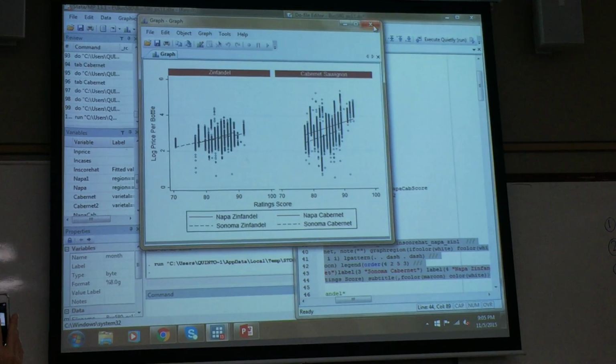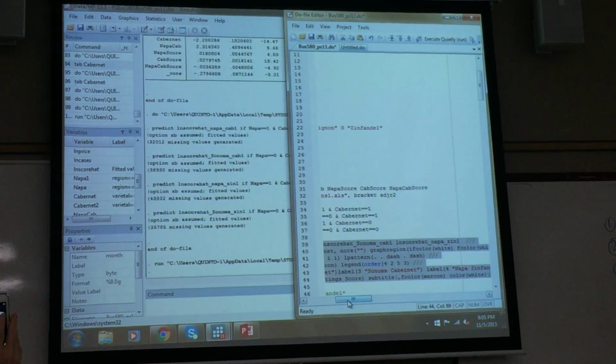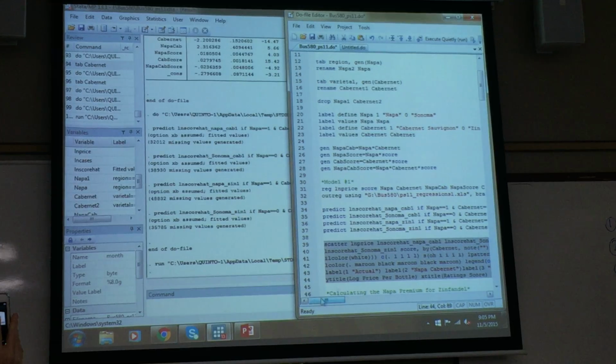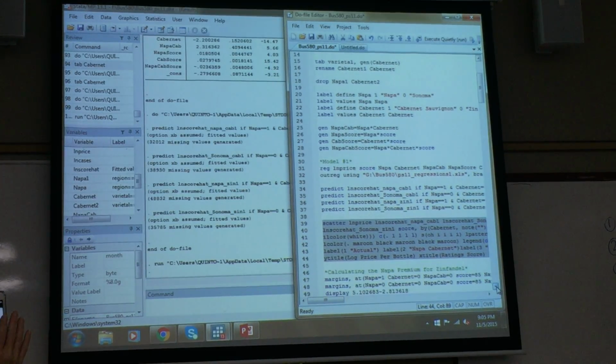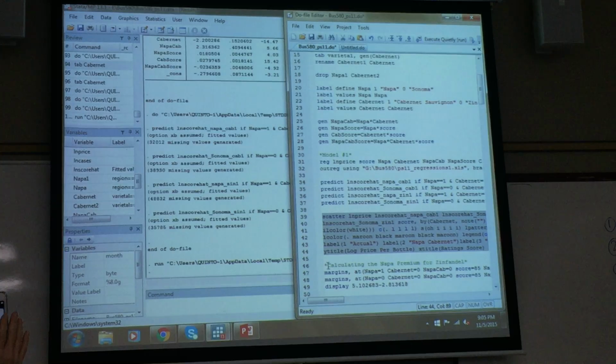All right, that's easy enough. Doing some of the calculations, we can use margins.